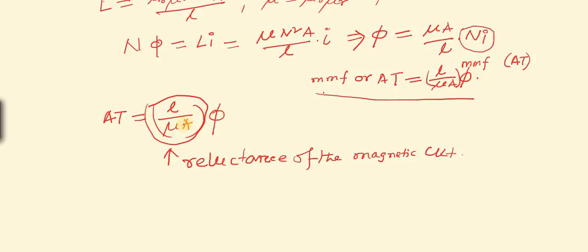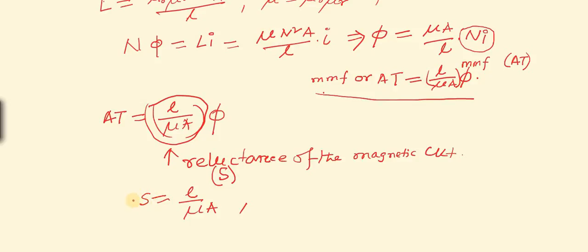It is equivalent to resistance of an electric circuit. This reluctance is denoted by S. And so reluctance S is equal to L by μA.